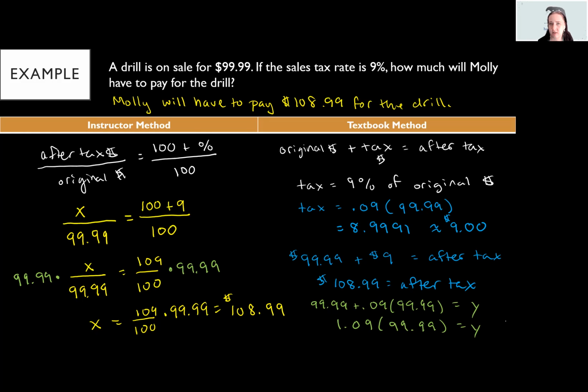And so I start at 1 and then I add 9% as a decimal, and then I multiply that by my original price to get the new price. And so that's 1.09 times 99.99. And that actually is the same as what we have with the proportion method here, because 109 divided by 100 is 1.09. So shortcut, I usually just do what's on the right.